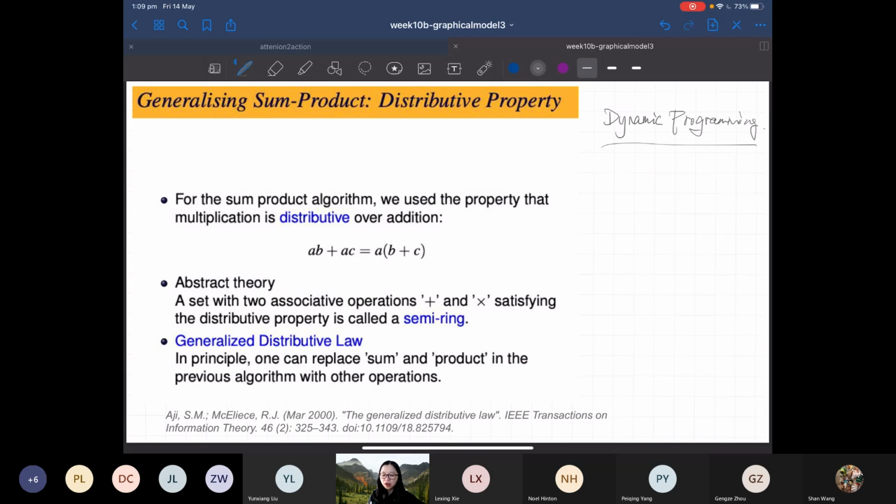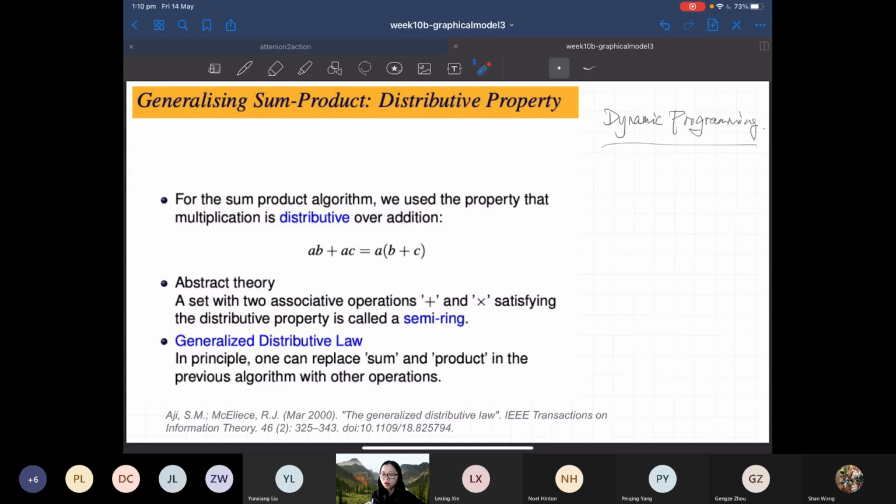So the generalized distributive law basically says what we did is not restricted to sums and products, right? The abstract theory is that if there's a set, for those of you who have taken algebra, you might be familiar with two associative operations satisfying the distributive property. It's called a semi-ring.